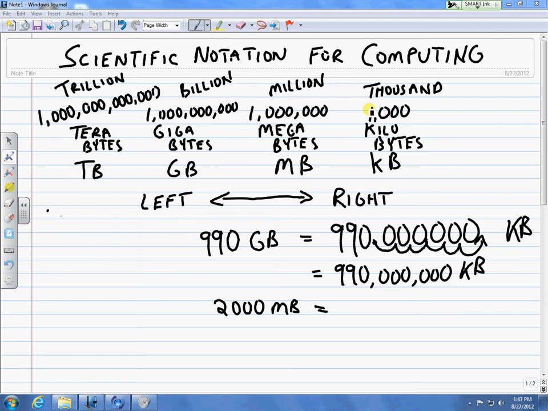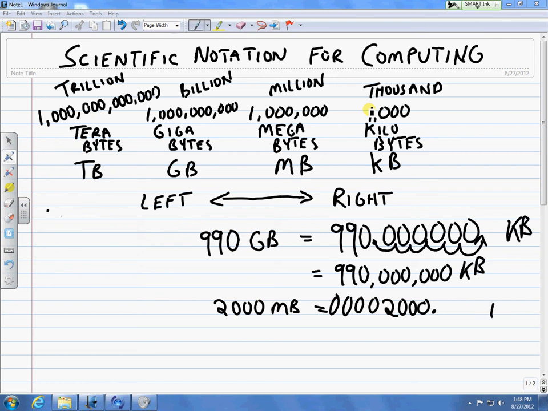So I better make sure I give myself some space here. I start right here. Here's my decimal point. And recognize I can put zeros on either side of the number without changing the numeric value of it. So I'm going to put some zeros out here as placeholders. That's still 2,000. Looks kind of funny, but it's 2,000. Let me move it now. I'm going to move it 3. That would go from megabytes to gigabytes, and what I'm trying to do here is calculate terabytes.